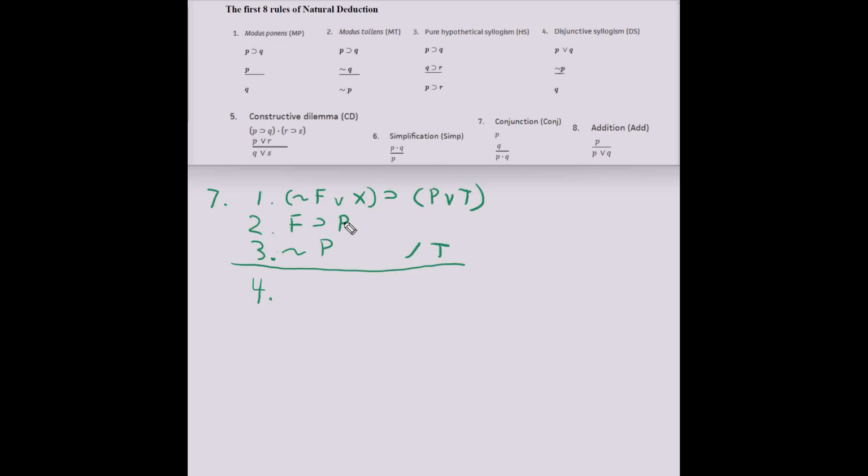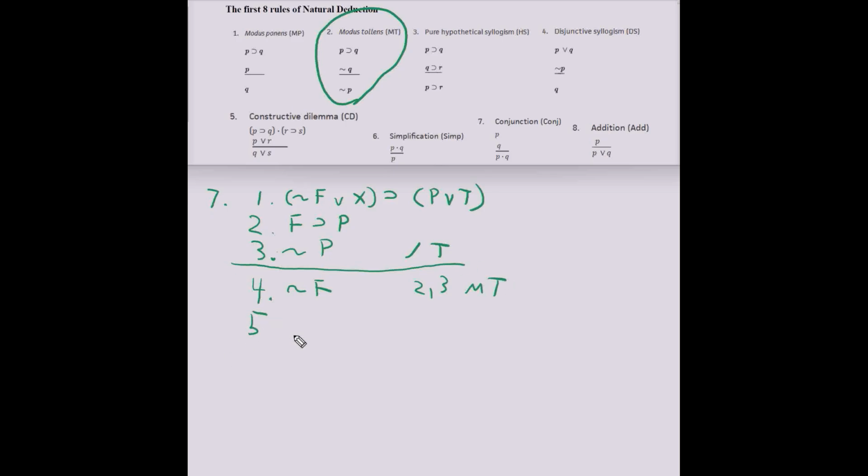One of them is negated, the consequent. I can also negate the antecedent. If F, then P, but not P, therefore not F. We know this rule well. It was the second one we learned. It's modus tollens. So that's line 2 and 3 with modus tollens.